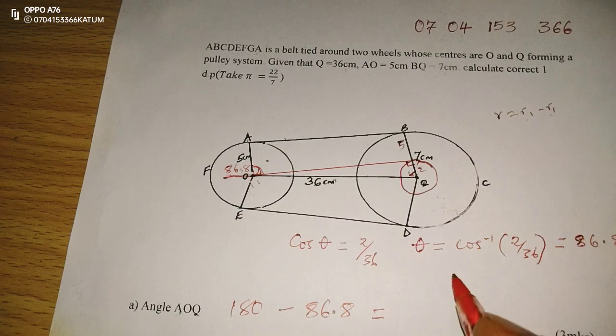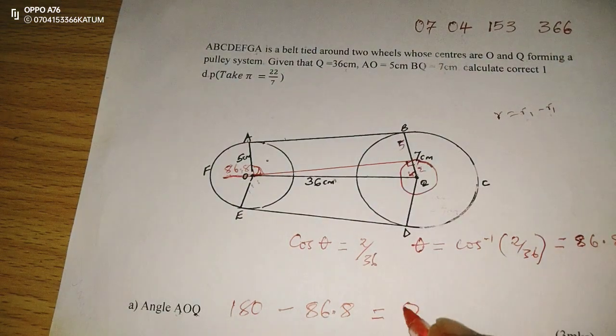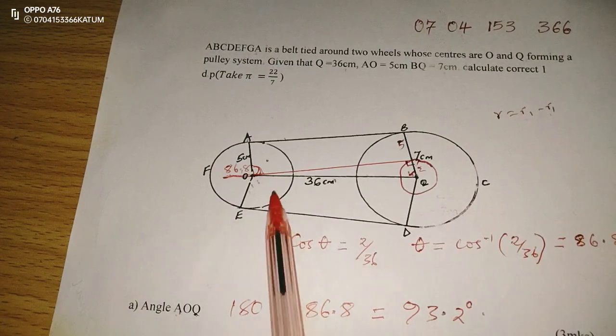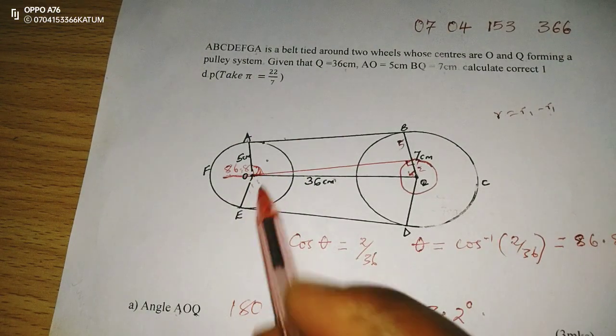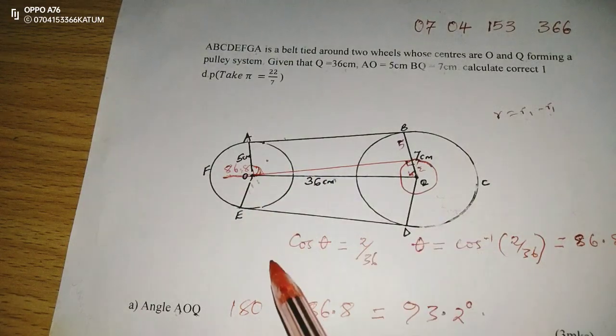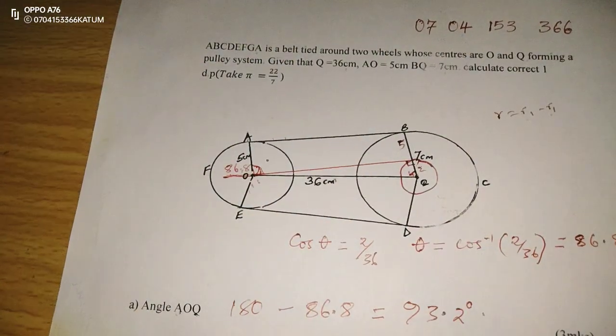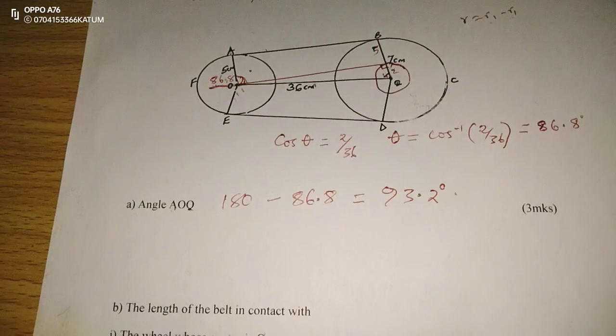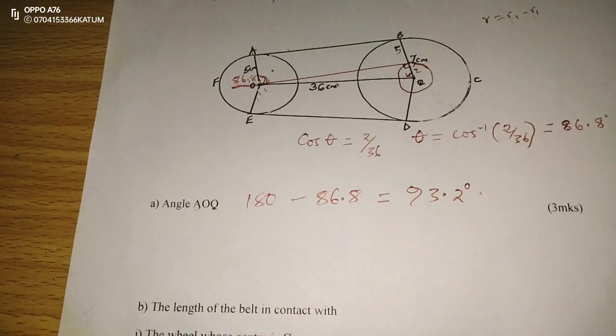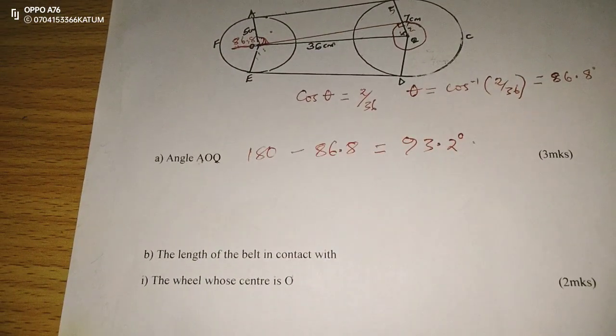We get 93.2. So the angle here is 93.2. But instead of calculating what has not been asked, let me be guided by the question.